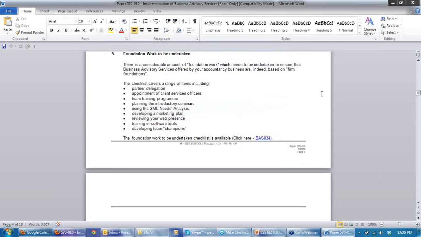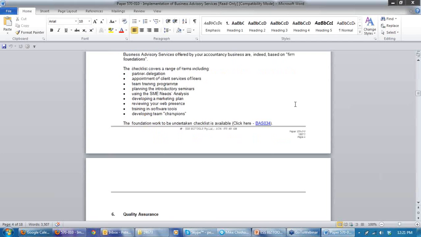And the answer was that we didn't know that you were offering those services to our clients. So the client had been a client of the firm for 15 years and didn't know that the firm was offering these sort of services. So there's definitely a need for some marketing.